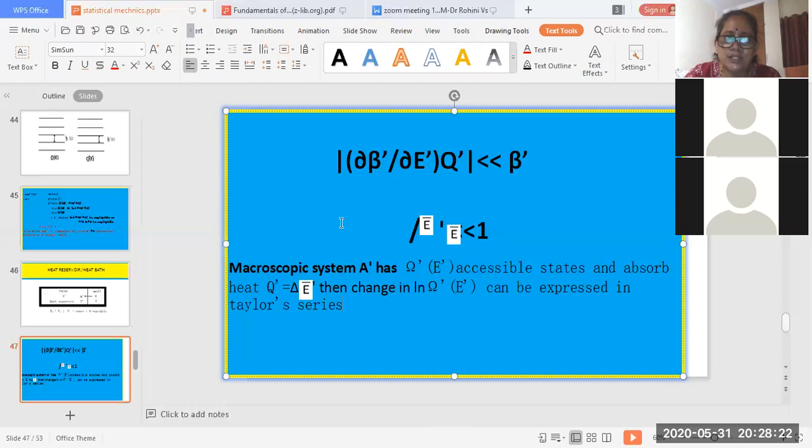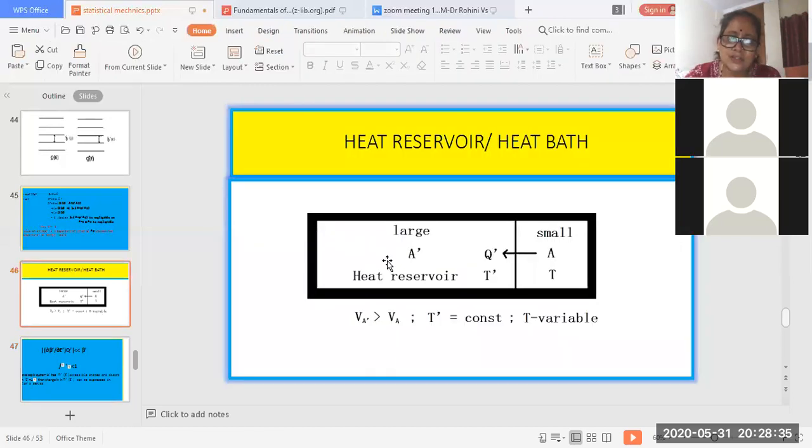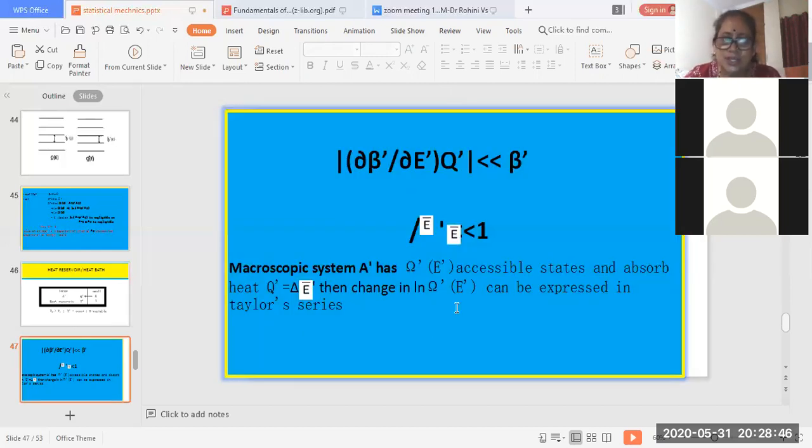When the difference is very very small, the Taylor series can be utilized. The difference of the ln of the accessible states can be expressed in terms of a logarithmic series, also called the Taylor series.